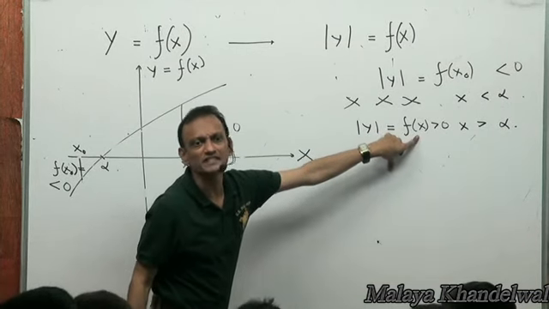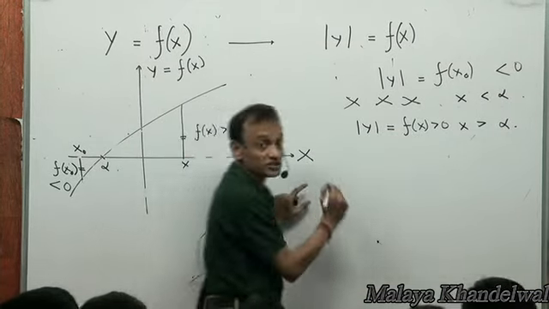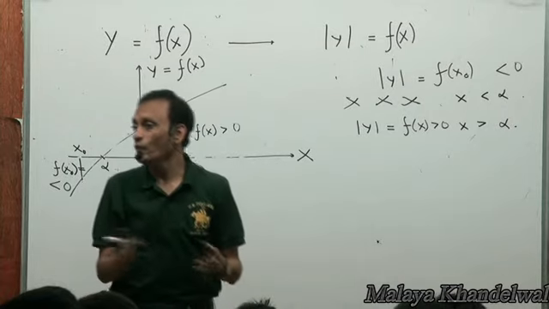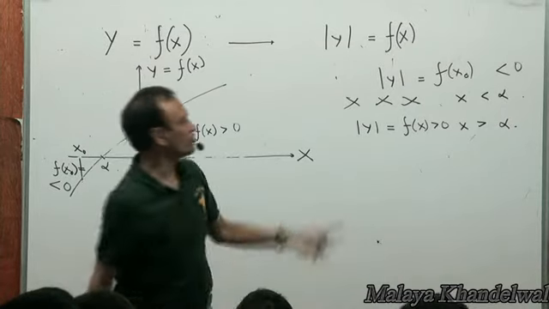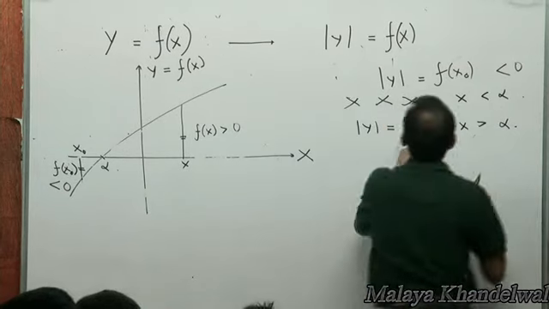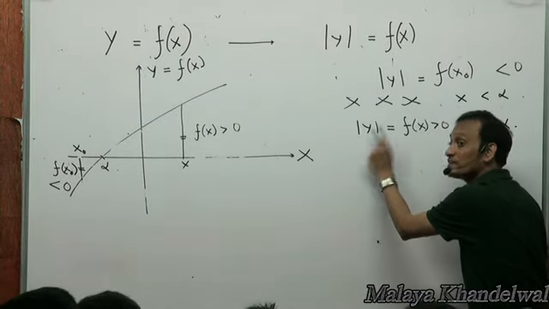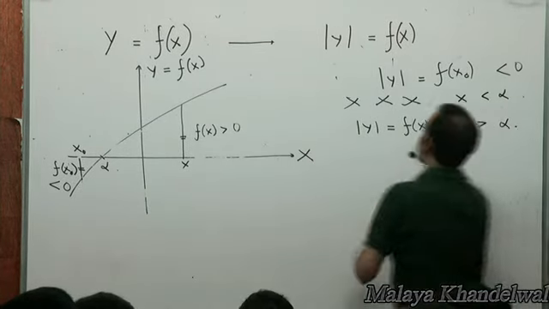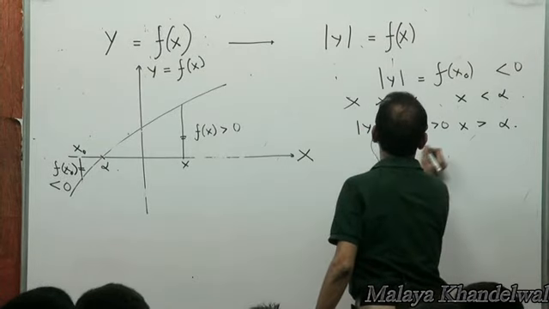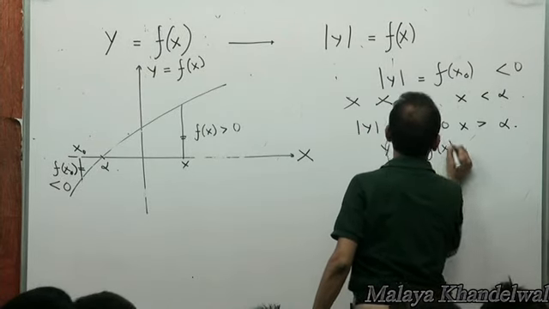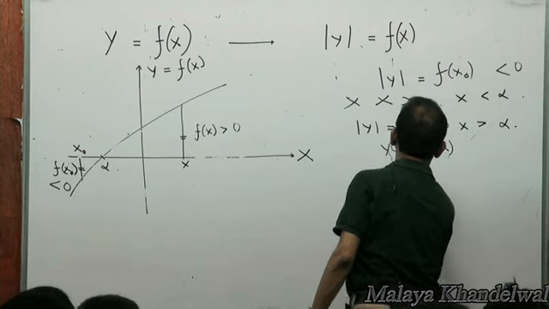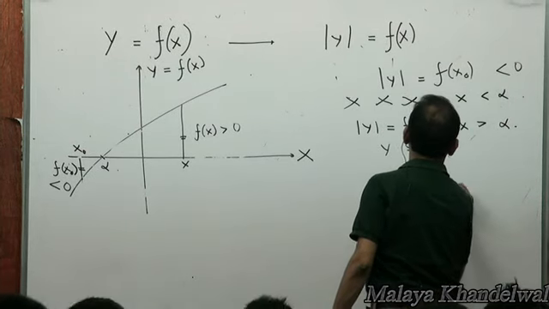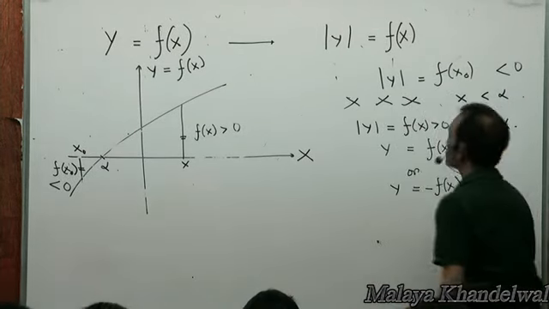If mod y is 3, y can be plus 3 or minus 3. So if mod y is f(x) and f(x) is a positive number, y can be plus f(x) or minus f(x). Yes or no?